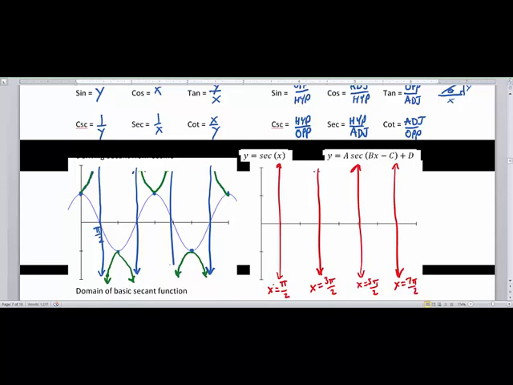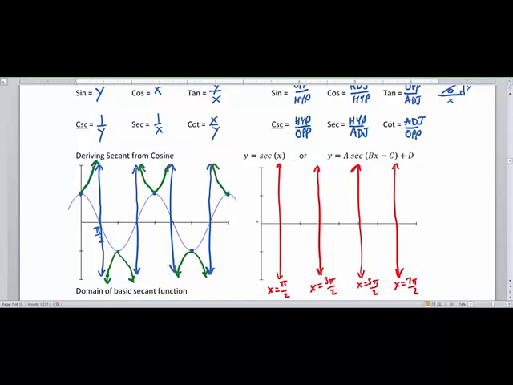Okay, so what I'm going to do here is create, with my green pen again, that beautiful secant wave. Here's my secant wave. You'll notice that I don't need to draw the cosine wave.